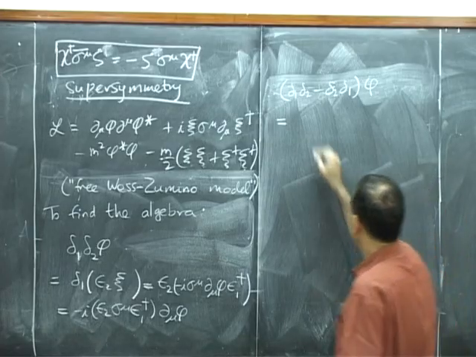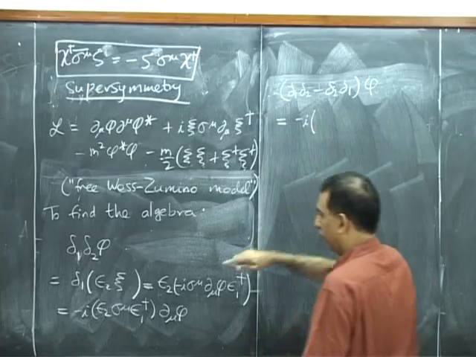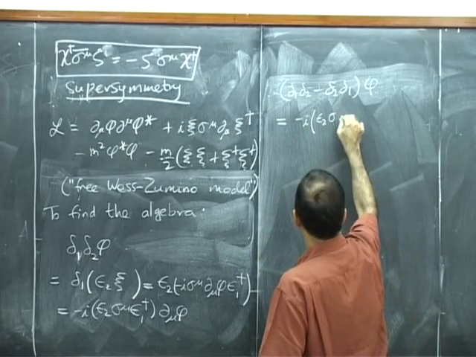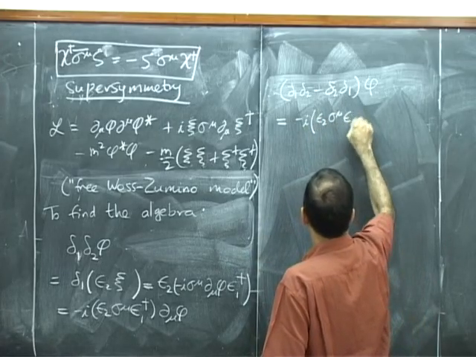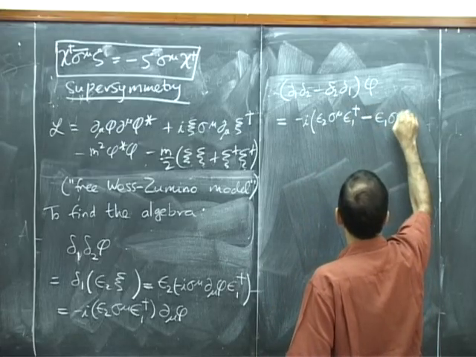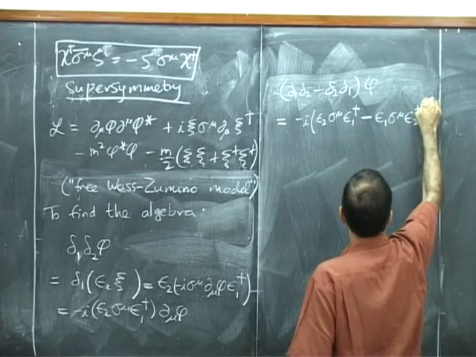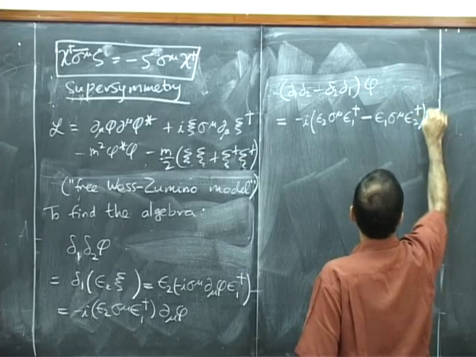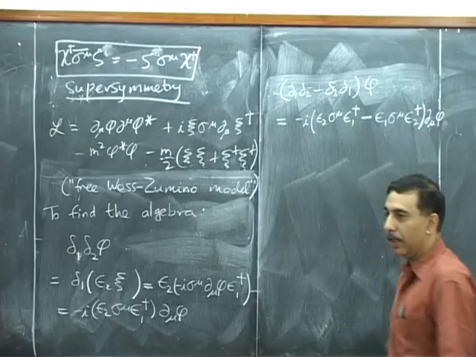So this is going to give me minus i, the first term epsilon 2 sigma mu epsilon 1 dagger, and now I'm going to get minus epsilon 1 sigma mu epsilon 2 dagger, times del mu phi.